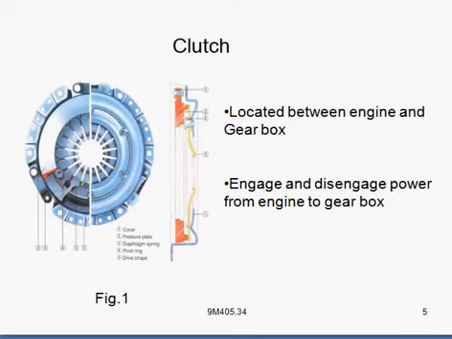Otherwise, there may be jerks or sudden loads, which will cause damage to the load and discomfort to the passengers also. In order to avoid this, the clutch is used, and at the same time, it is also used for a smooth engagement of gears.